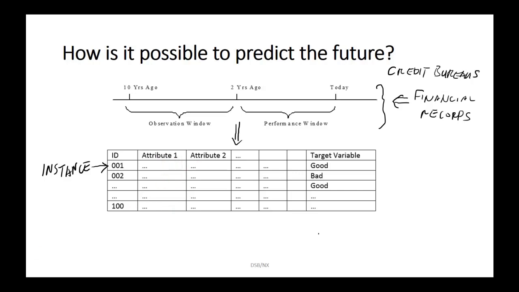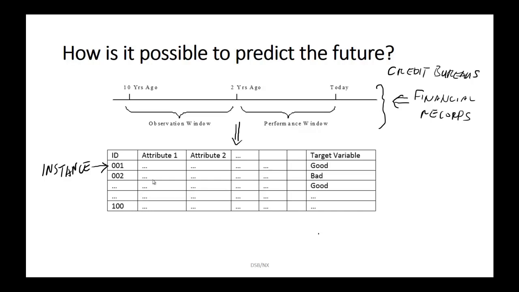Let's now look at how each column is defined, starting with the last column that we call the target variable. So out of the last 10 years of financial records, we call the last 2 years, which is today to 2 years ago, the performance window.